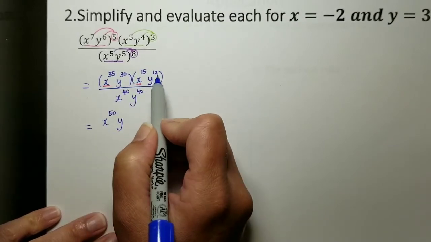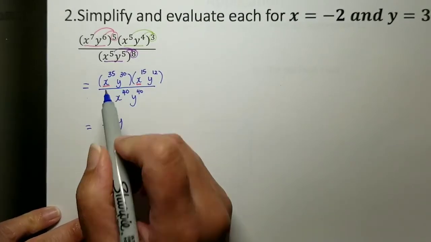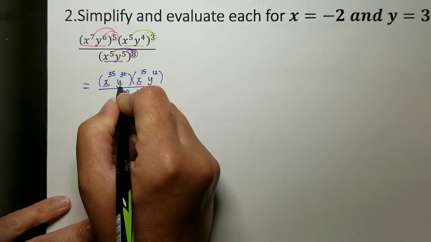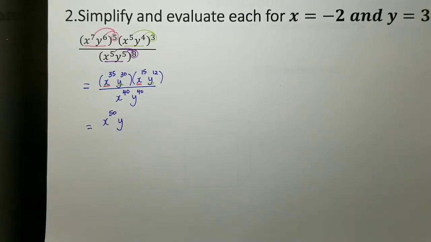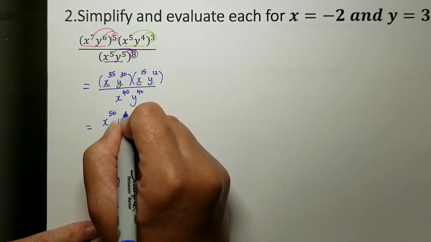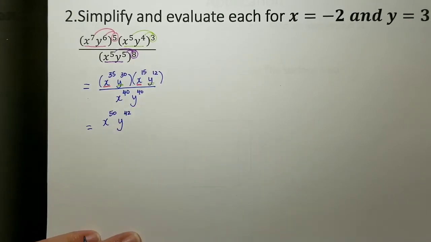Y, I'm going to multiply again, adding up those exponents. I need to keep that base the same and add up the 30 and the 12, and I get 42.